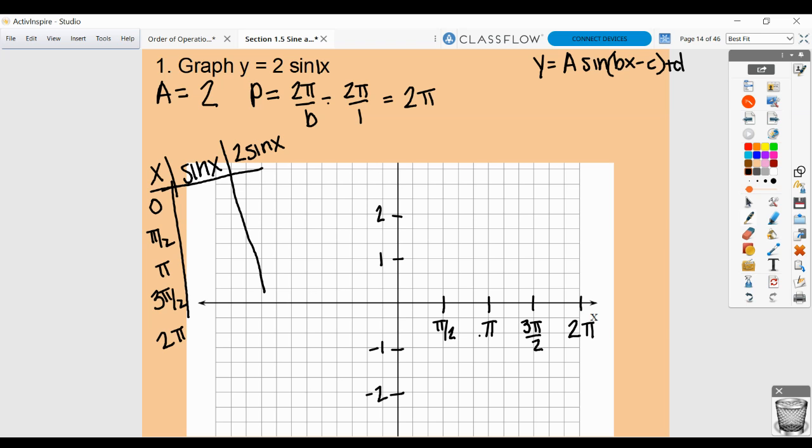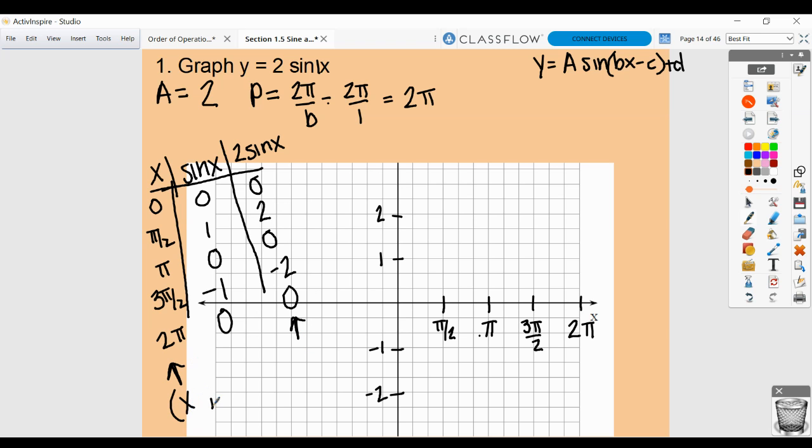So if we think back to the original graph when we just had sine x, we had 0, 1, 0, -1, 0. All you're doing here is multiplying it by 2. So 0 times 2 is 0, 1 times 2 is 2, 0 times 2 is 0, -1 times 2 is -2, and then 0.